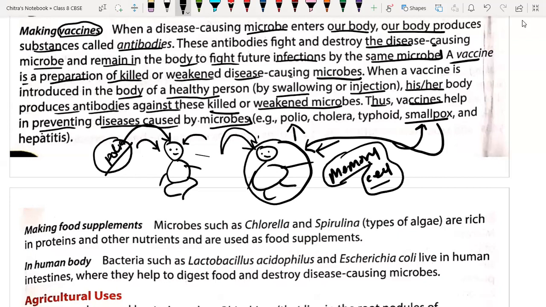That means if you get proper and timely vaccination, then you will not suffer from diseases caused by those microorganisms. Examples of vaccines: we have vaccine for polio, vaccine for cholera, vaccine for typhoid, vaccine for smallpox, and vaccine for hepatitis. Even though hepatitis is of different types, that vaccine works against certain kinds of hepatitis.